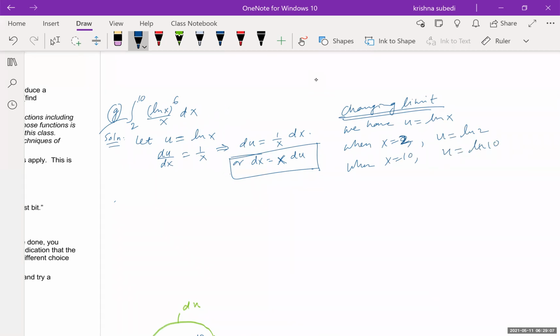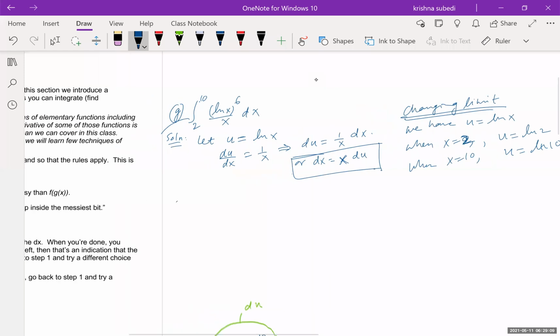That's it. So we change the limit. Now, 2 will change into ln 2, and 10 will change into ln 10. Now, ln x means u raised to power 6 over x, and dx means x du.